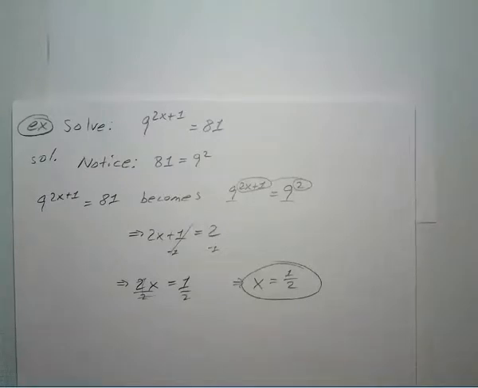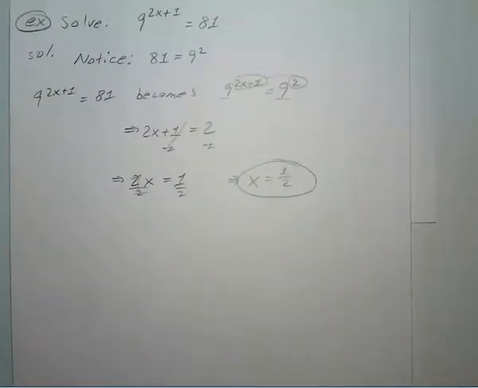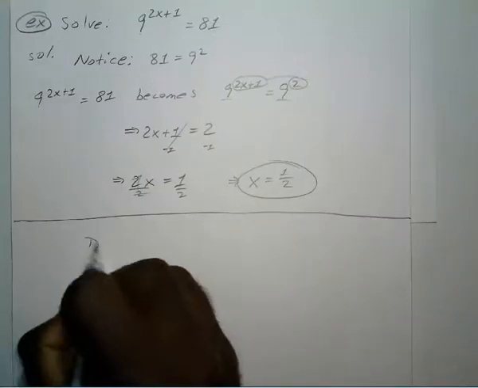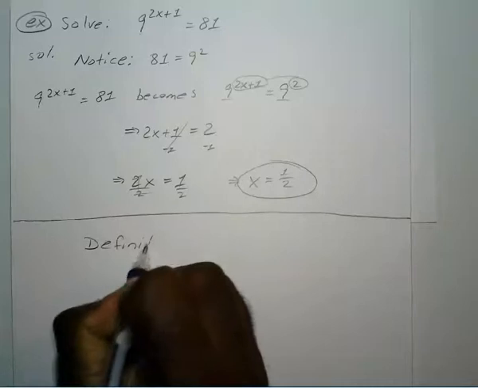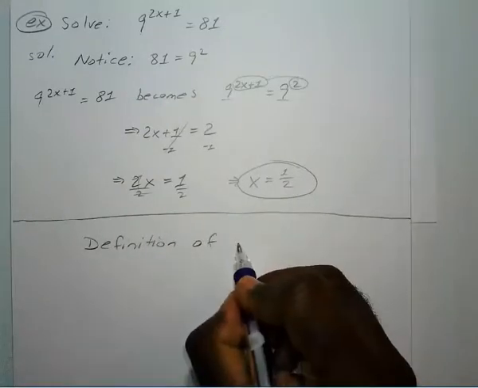Alright, so let's move on to our definition of logarithms. We have a little bit of room underneath here, so we can go ahead and write it down here. Definition of a logarithm.